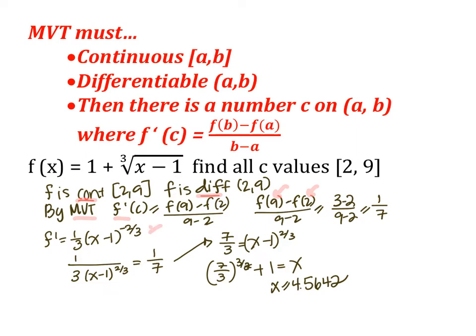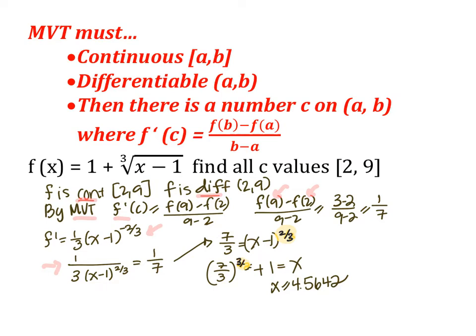I found my derivative, and I just rewrote my derivative so that I have a positive power. And then by cross multiplying, I get 7/3 equals x minus 1 to the 2/3 power. In order to undo a power, I raise each side by the reciprocal of that power, and that's why I raised both sides to the 3/2 power.